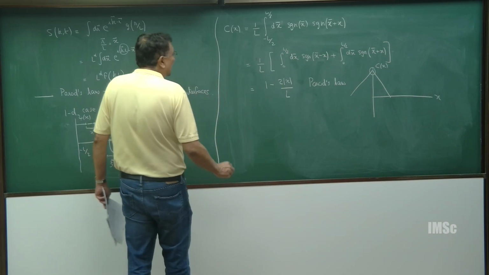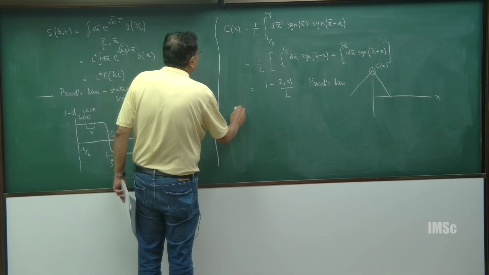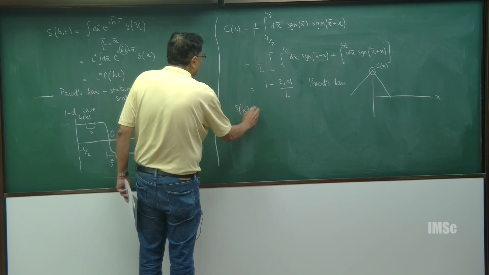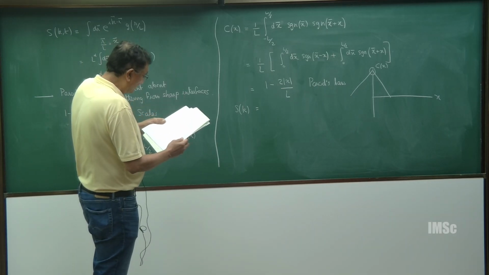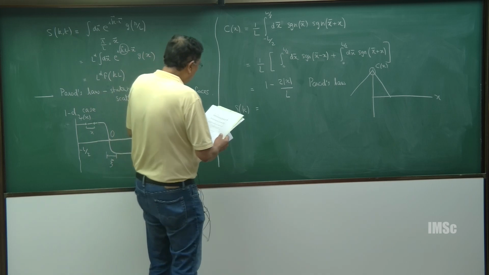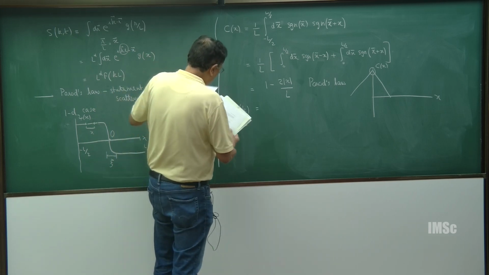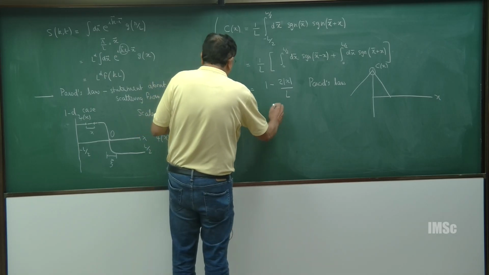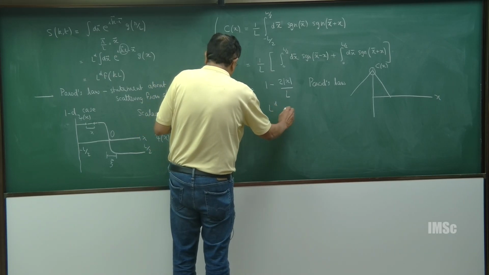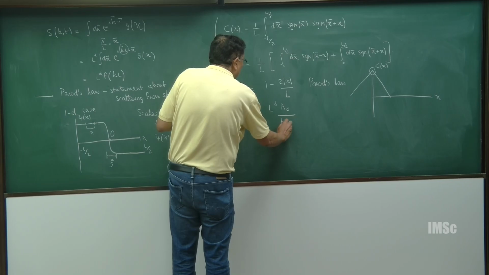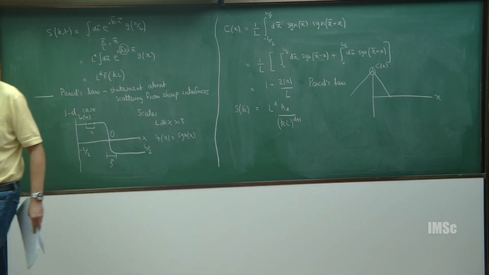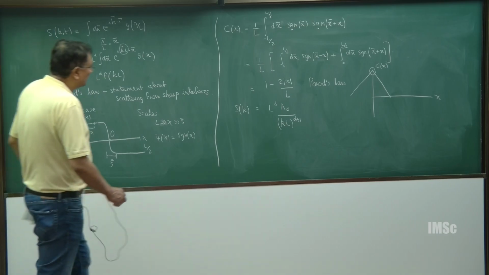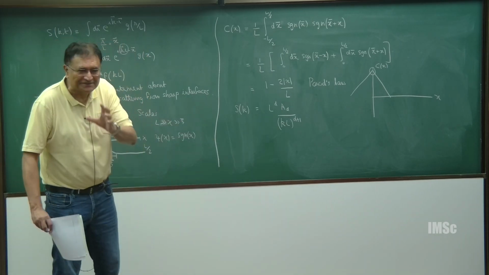The consequence of that singularity, I'm just going to write down the answer because it would not serve any purpose to calculate it, is the following: the structure factor has what's called a Porod tail, and in arbitrary dimensions the structure factor is L raised to power d times some amplitude factor, and the important quantity is this power law behavior in K. Let me say it a little more carefully.